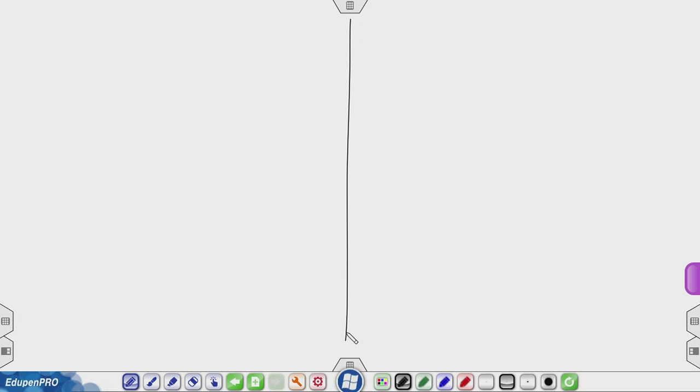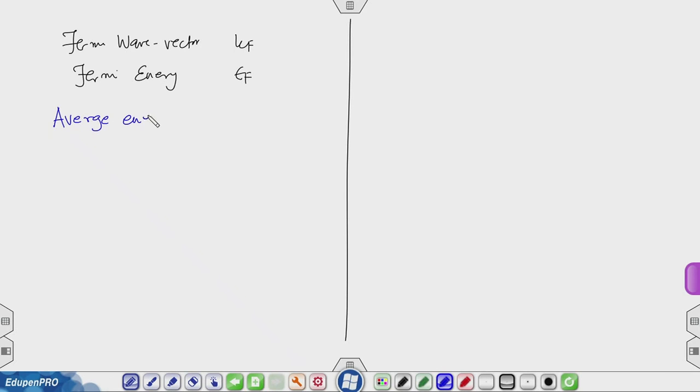So, we have found Fermi wave vector kf, Fermi energy epsilon f, and let us now find average energy per electron. Now, this I have to be careful about, because I am filling all these states.